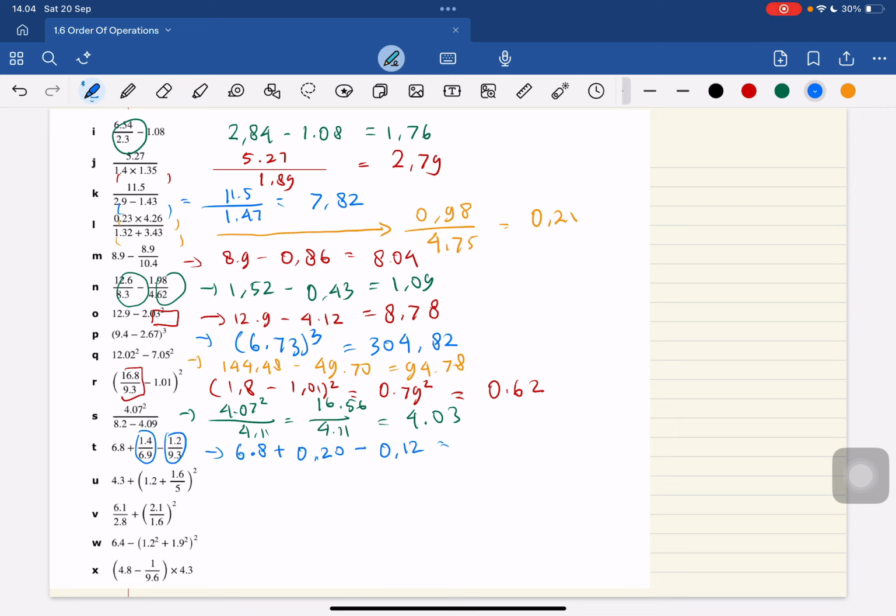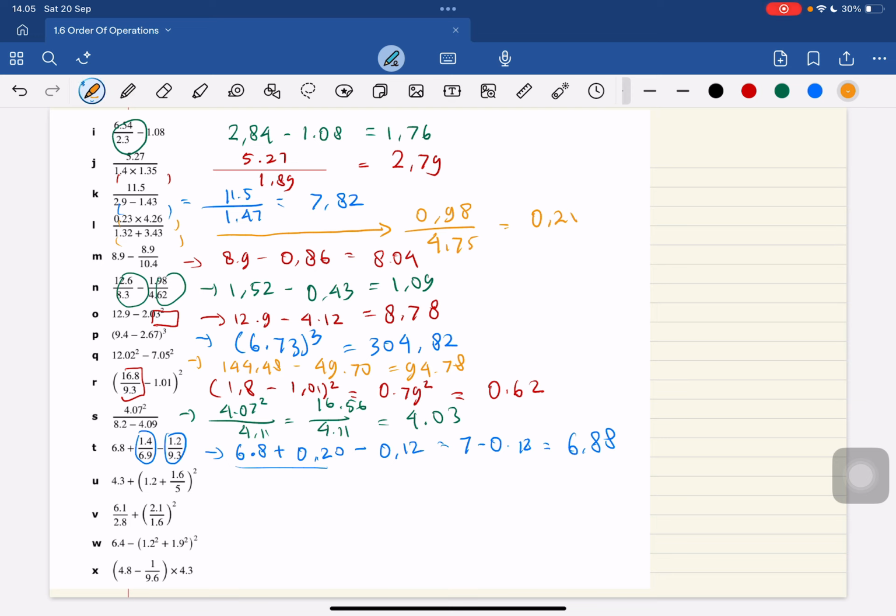So starting from the left side, because addition and subtraction are at the same level, 6.8 plus 0.20 will give us the answer of 7, and then minus 0.12 will give us the answer of 6.88.